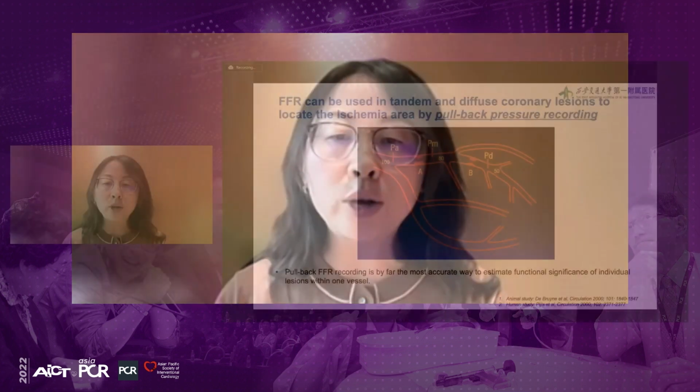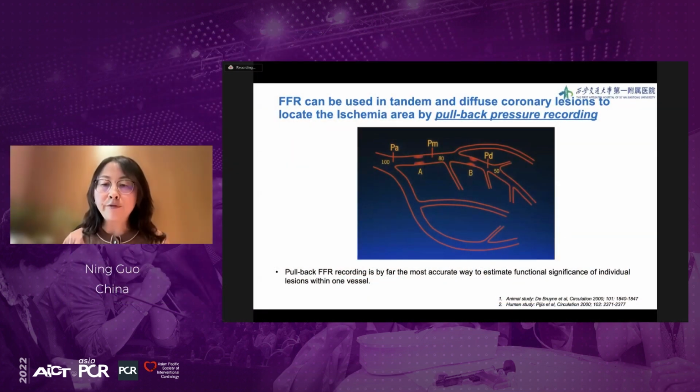And in the second one, we didn't see this kind of significant gradient. So for this very diffuse lesion and tandem lesion, FFR can be used to evaluate very accurately the functional significance of each individual lesion within one vessel.